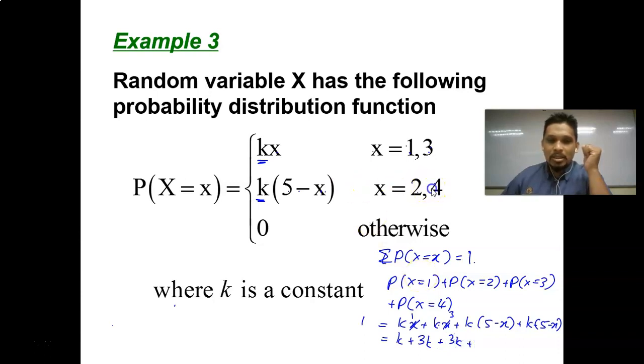And then when x equal to 4, 5 minus 4 equal to 1, 1 times k equal to k. So the total of this, 1 plus 3 equal to 4, plus 3 equal to 7, plus 1 equal to 8k equal to 1. Then k is 1 over 8.